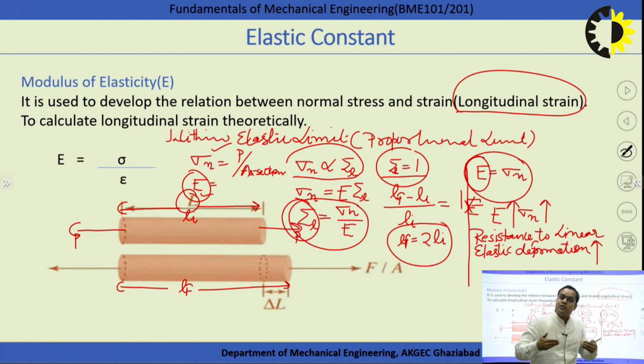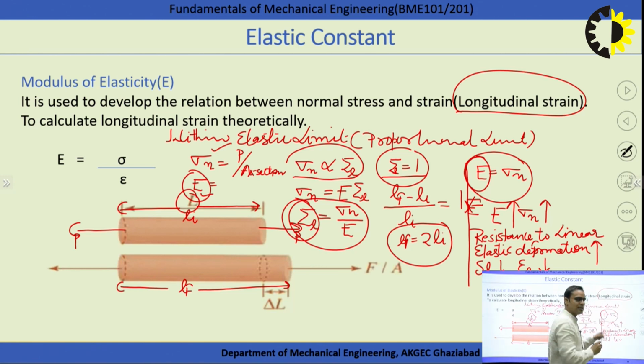When the resistance to linear elastic deformation increases, what is the meaning of that? The meaning is that the change in length will decrease. What is the meaning of the change in length decreasing? Longitudinal strain will decrease. Right? I hope it is clear to everyone. Again, I am repeating the same.